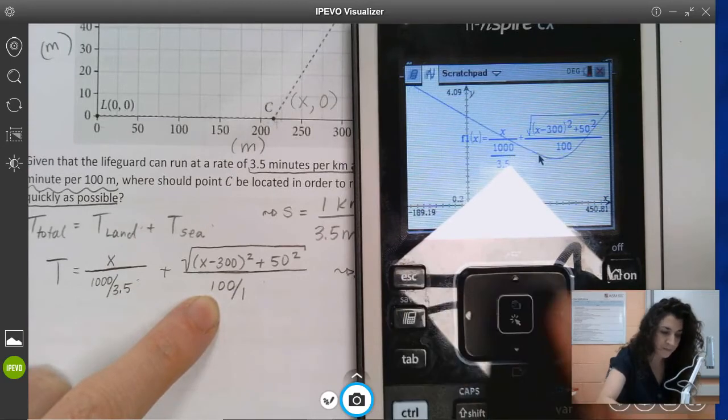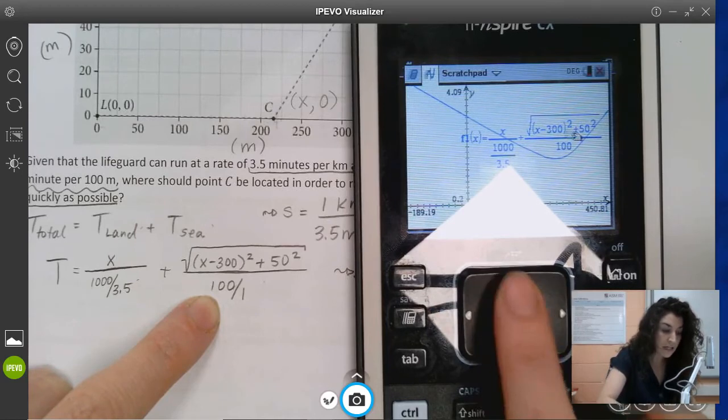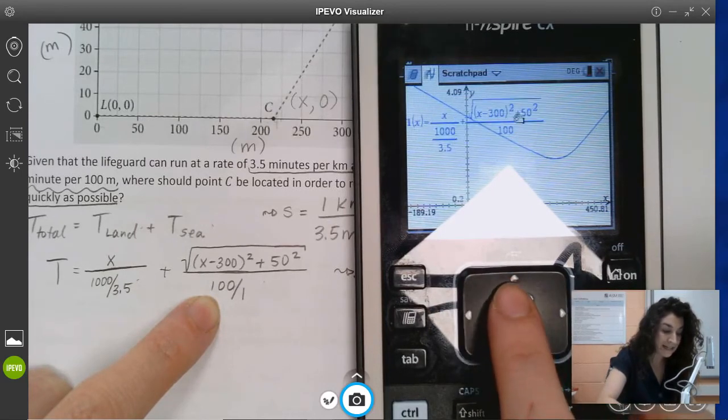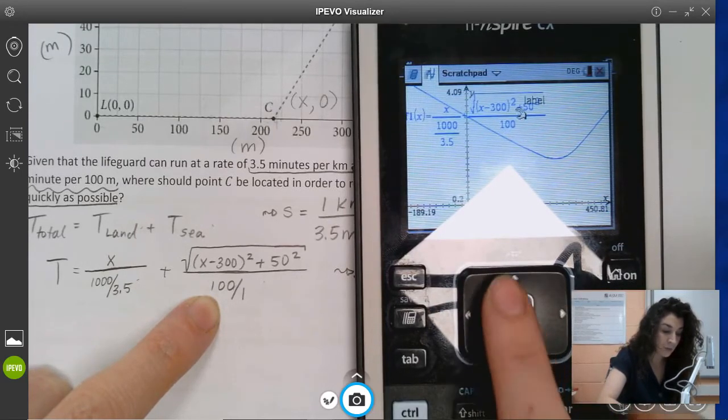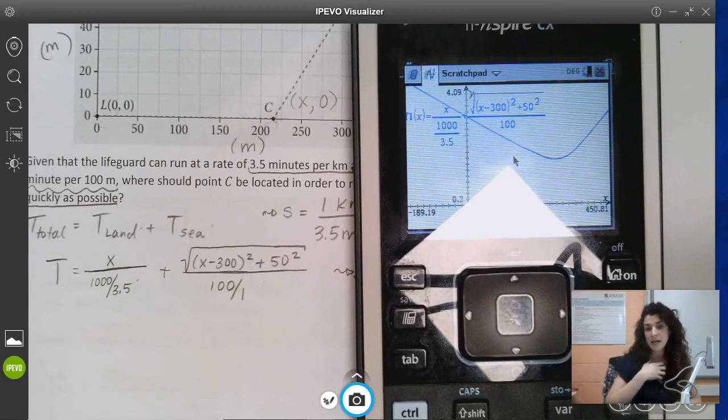There we go. So I could tell that I needed to zoom out because my graph had gotten rid of the x-axis. So it had zoomed into some place that was really strange and I no longer had the x-axis. So I needed to zoom out in order to have both of those axes. So I just zoomed out, I zoomed fit so it can help us figure out the dimensions here. And then zooming out to make sure that we have that x and y axis represented nicely.